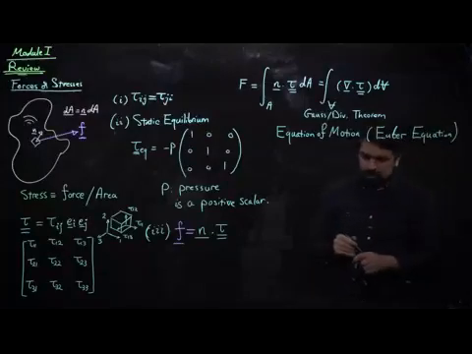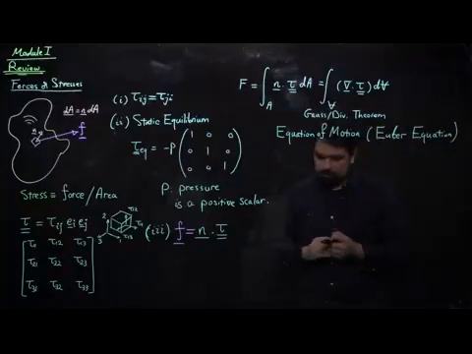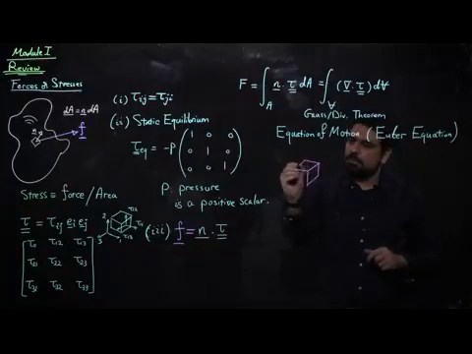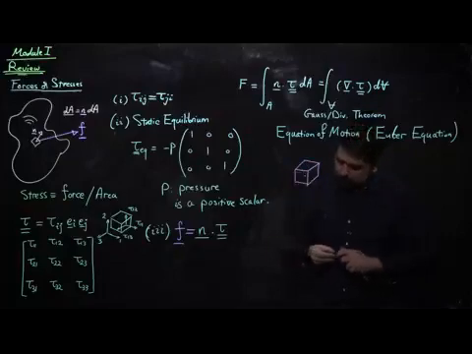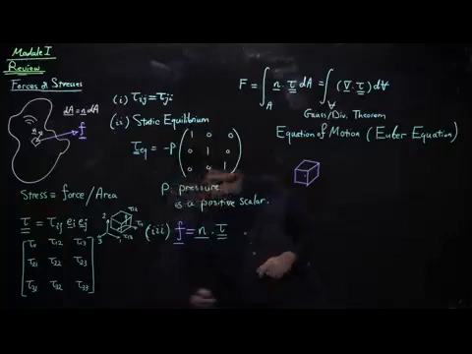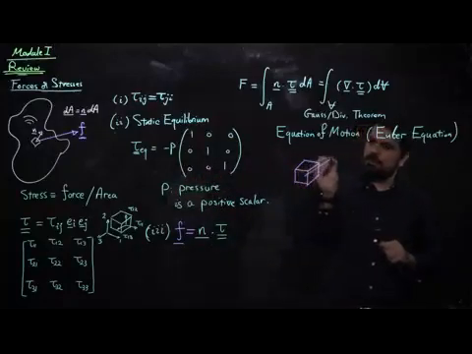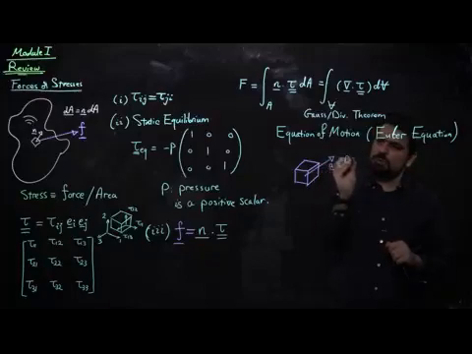Let's do that together here. If you take a fluid element like this small cube, by writing the equation of motion for it, you can easily notice that there is some acceleration that this fluid element has, which I show as vector a, which by definition is equal to dv divided by dt.